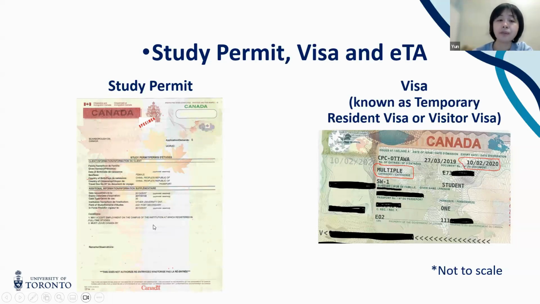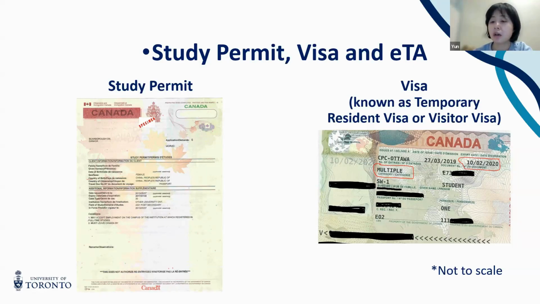Okay, so to summarize this page, a study permit is an immigration document that gives you the legal status to study here inside Canada, whereas a TRV or an ETA is a travel document. Okay, it's an immigration document that allows you to enter Canada.